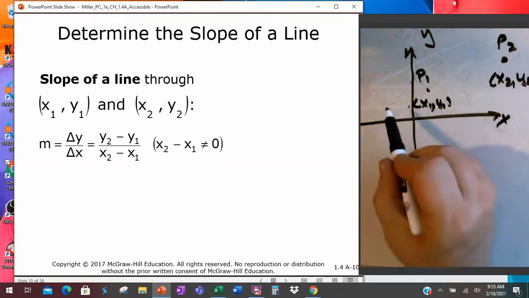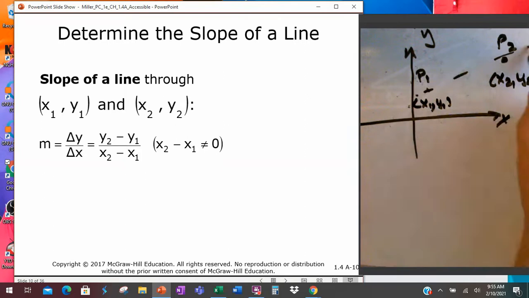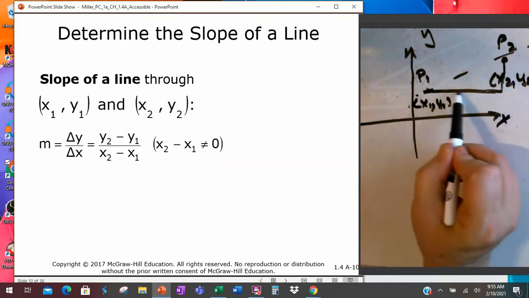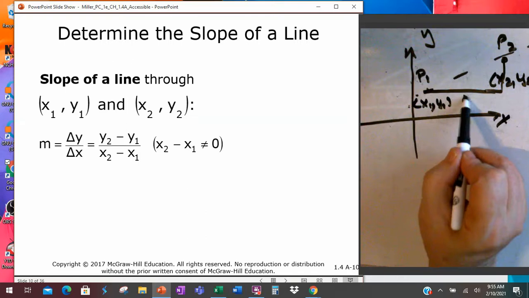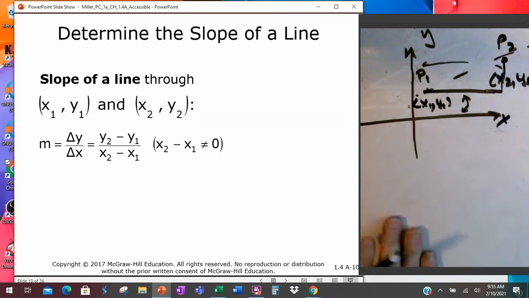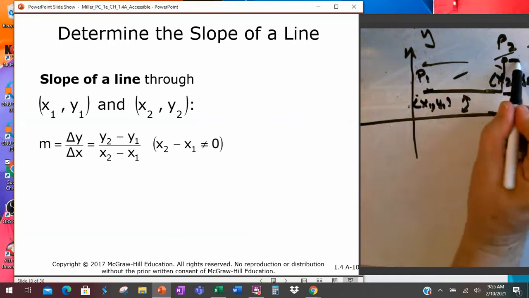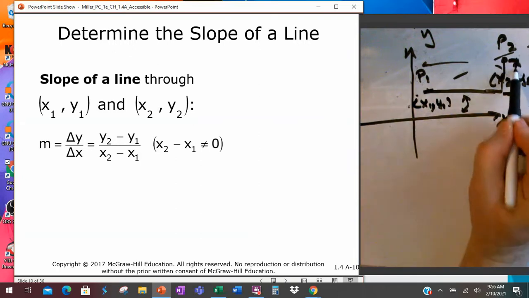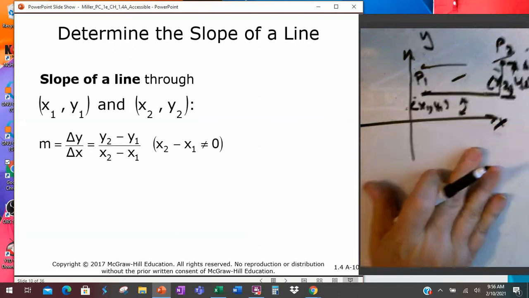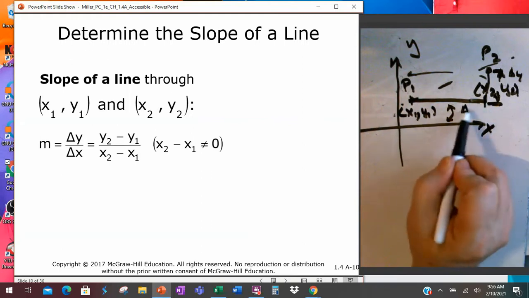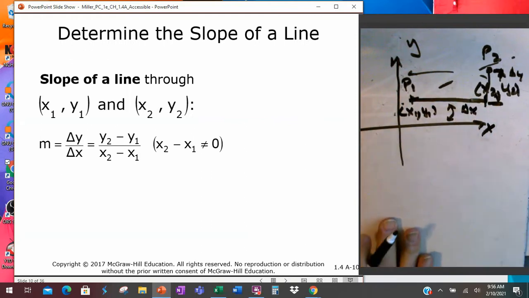And I want to know if I drew a line through this, the slope would be, this line is parallel to the x-axis, this line parallel to the y-axis. So I'm finding this little distance here, that's my delta y. This distance here, I'm going to call that delta x, okay?